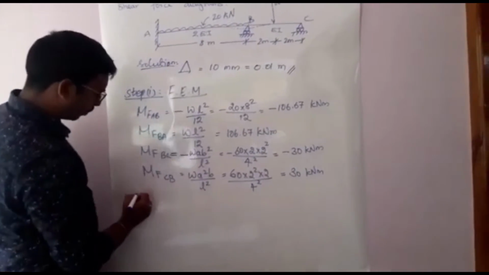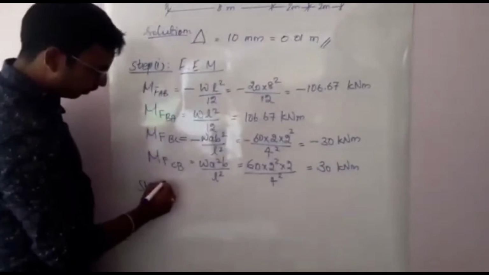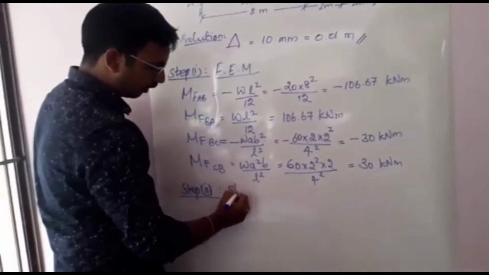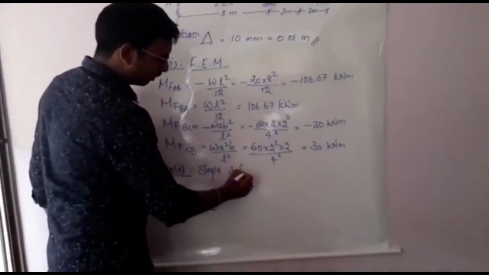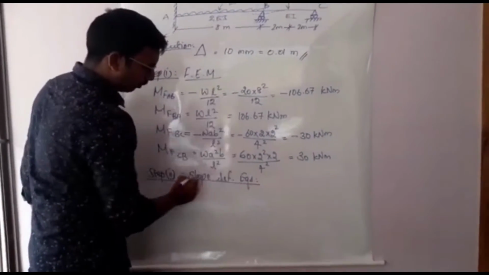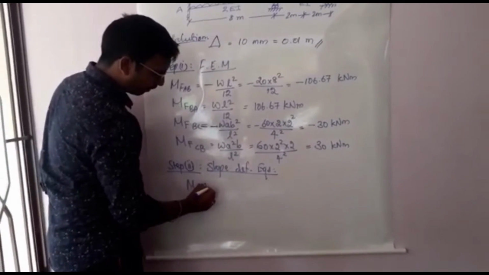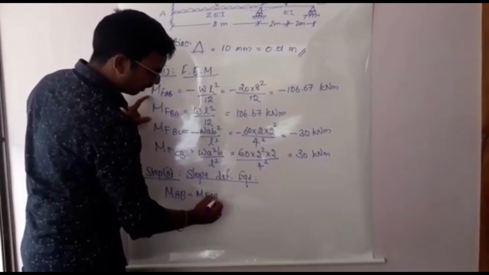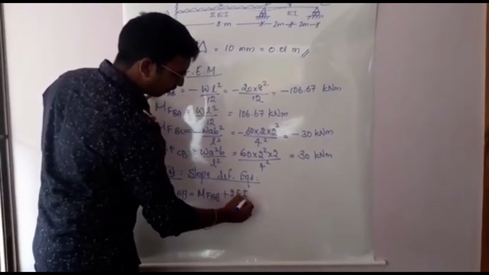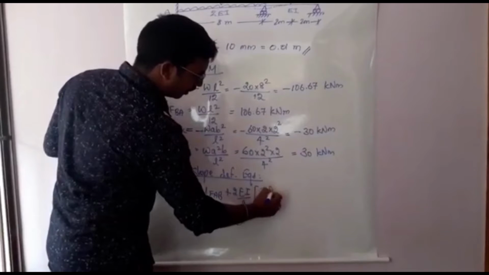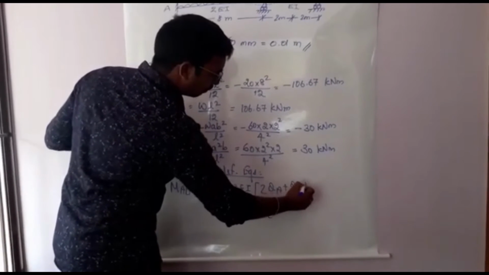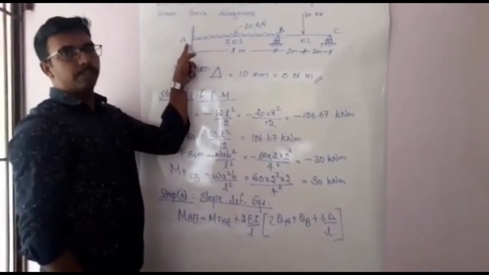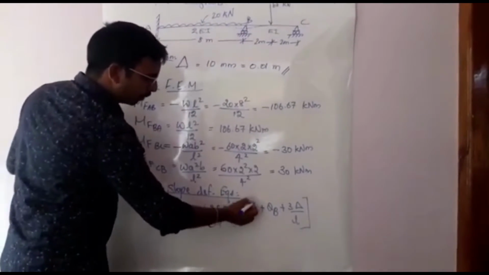Then step 2. Step 2 is the slope deflection equation. The slope deflection equation for M of AB is M of AB fixed end moment plus 2EI by L into 2 theta A plus theta B plus 3 delta by L. Here A end is fixed, so we can put theta A as 0.